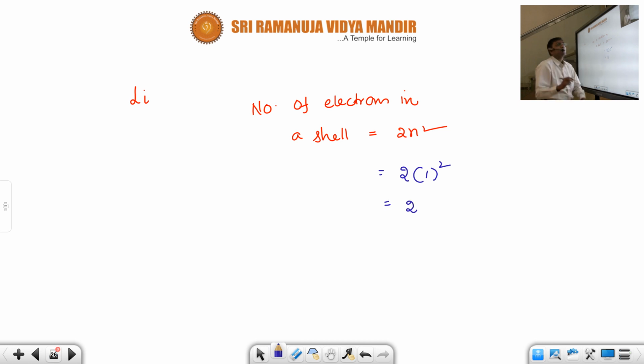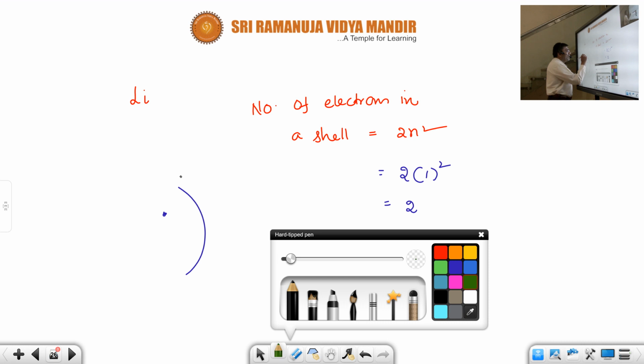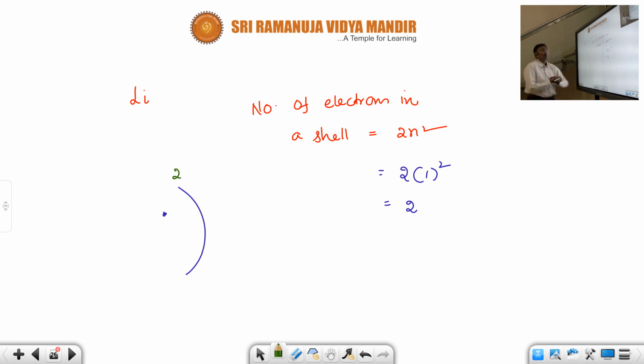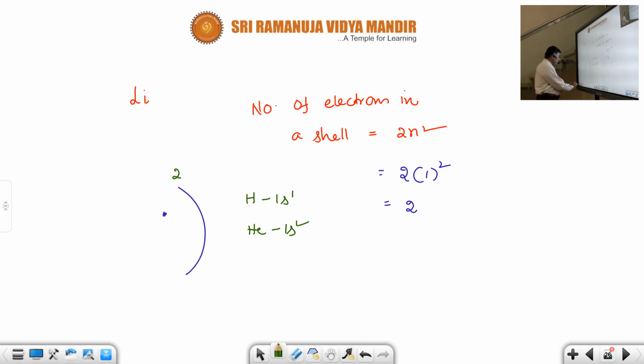So 1s2. That means you cannot fill more than 2 electrons in the first shell. That is why you see they write 2 here. One is for hydrogen and this for helium. So hydrogen is 1s1 and helium is 1s2. I hope you are getting clarity, right?